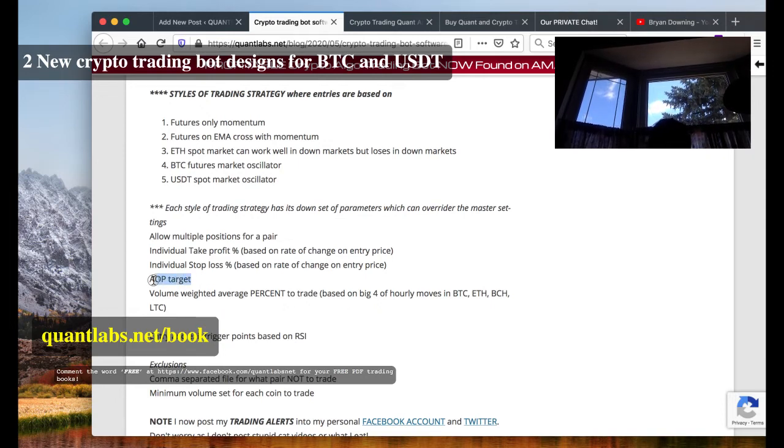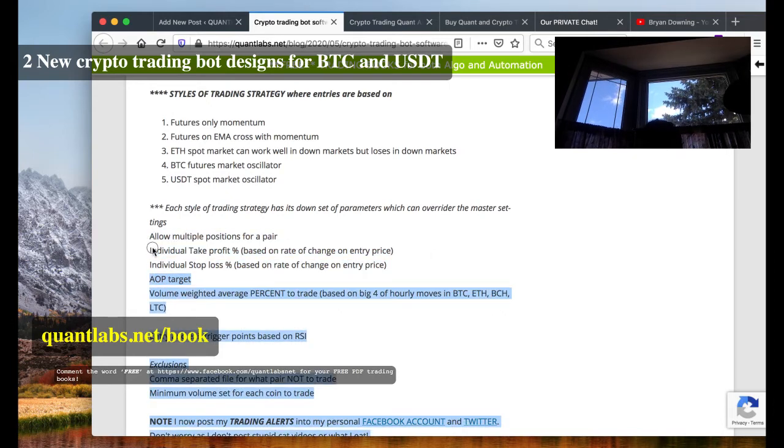AOP is another one that can be used as a target. The problem is it's a lot of experimenting. I could put that as an option and just allow you to worry about only these two, the individual take profit and individual stop loss. But this is an interesting one as well.